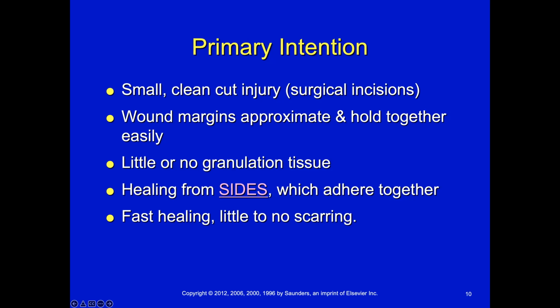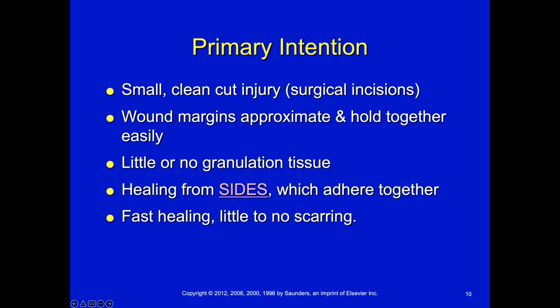You can also see it, let's say, with a paper cut, or if you get a small cut on your hand from, let's say, broken glass. Just very, very clean cut. So the margins of the wound are not ragged, they're nice and smooth, and those margins just come together very easily. They just normally close the wound up.